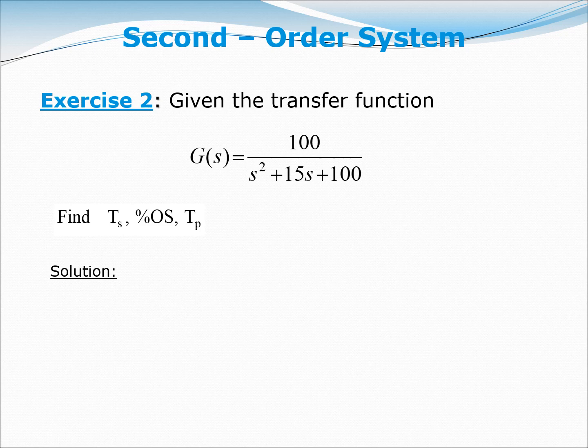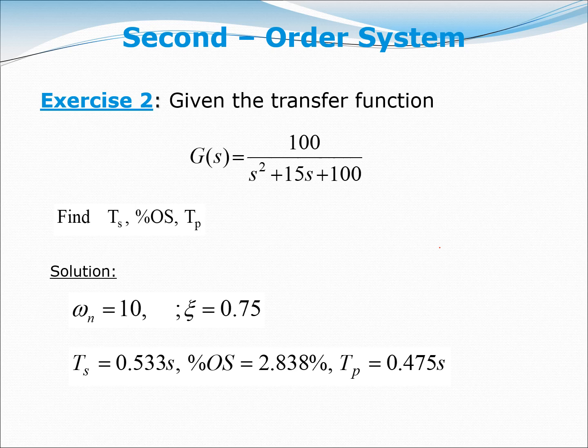After you get zeta and omega n, you can use the formulas to find TS, percentage of overshoot, and TP. So omega n for this G of S is 10 and zeta is 0.75. You can easily put these values in the equations. You will get TS equals 0.533, percentage of overshoot is 2.838, and TP is 0.475.